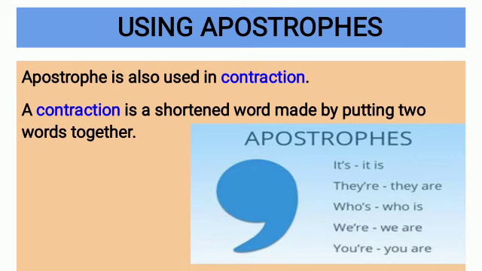We write it is as it's, they are as they're. Likewise for who is, we are, you are. So, to join two words together and shorten them, we use the apostrophe. This is called the apostrophe used in contraction.